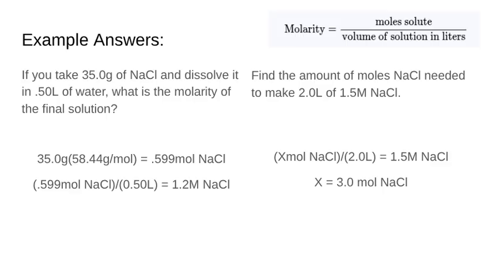From there, we can use some simple algebra and dimensional analysis to multiply that 1.5 by 2 to give us our answer of 3 moles of sodium chloride. So that means we need 3 moles of sodium chloride if it was going to have 2 liters of volume, and that would give us our 1.5 molar concentration.